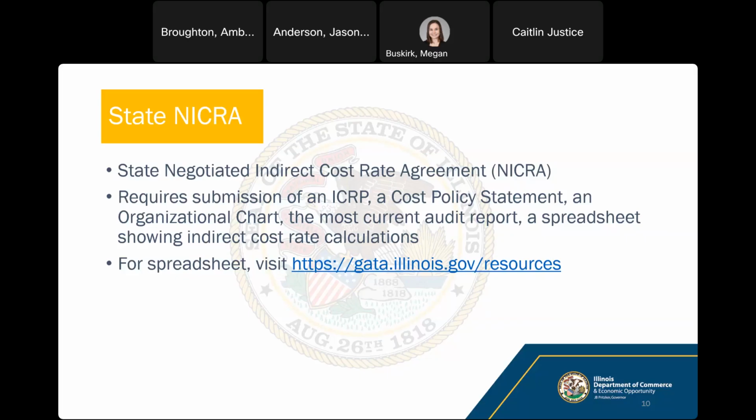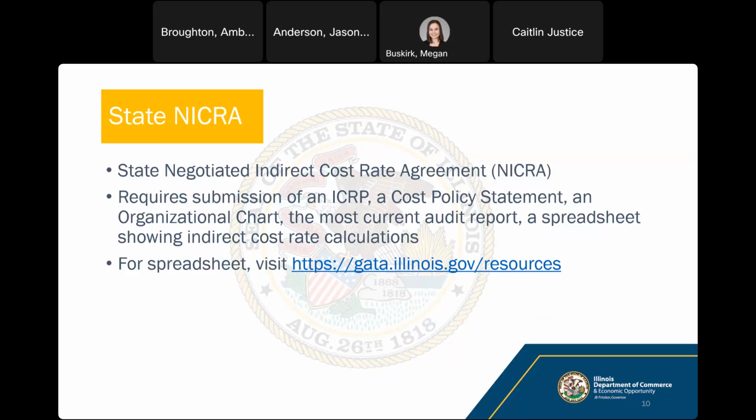A state of Illinois negotiated indirect cost rate agreement will be accepted by the state of Illinois agencies for indirect cost rate reimbursement on state awards, provided the specific award is not subject to statutory restrictions, thresholds, or ceilings that limit the indirect cost reimbursement amount.